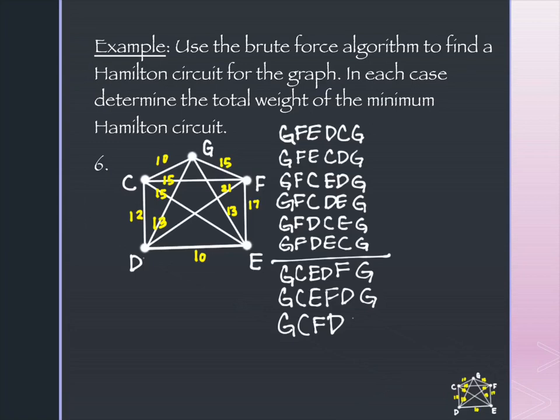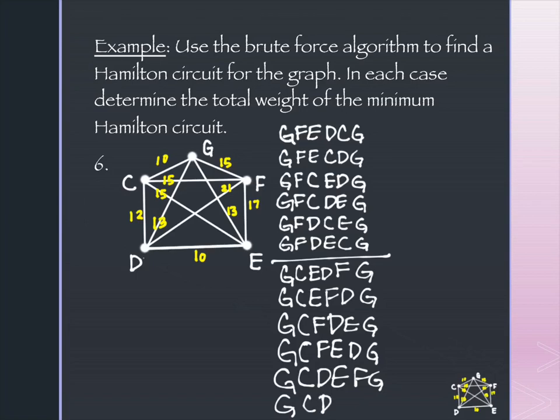What letter am I missing at this point? E. Here we go. And we do it again. We do G, C, F, E, D, G. And then we do G, C, D, E, F, G, and G, C, D, F, E, G. This is half of them.